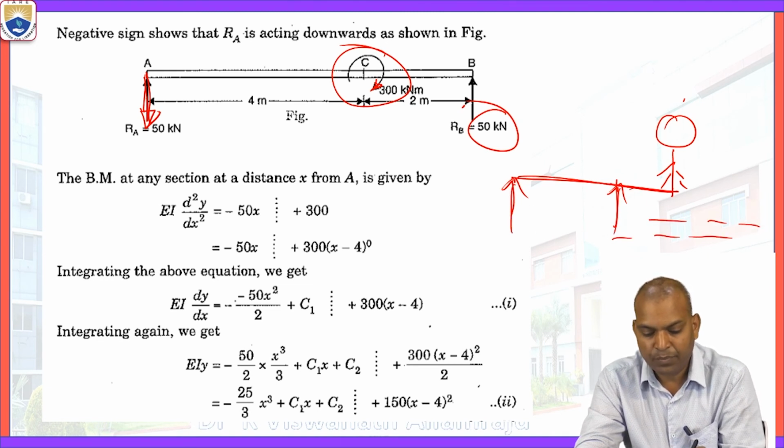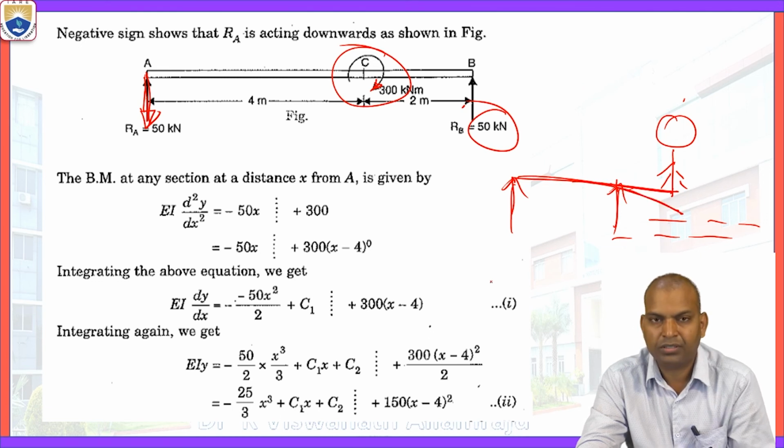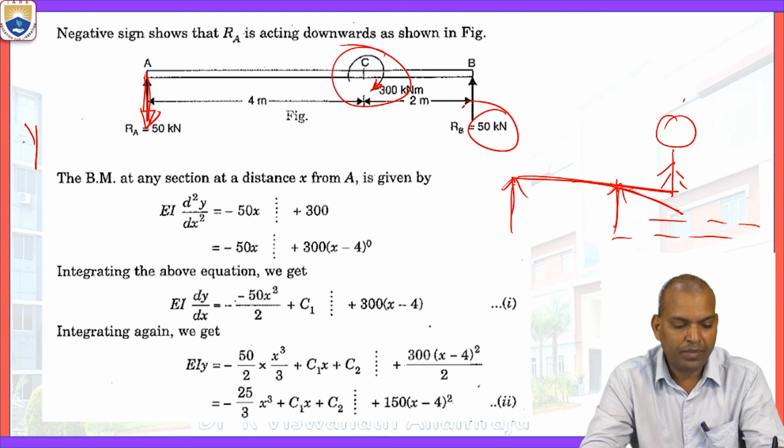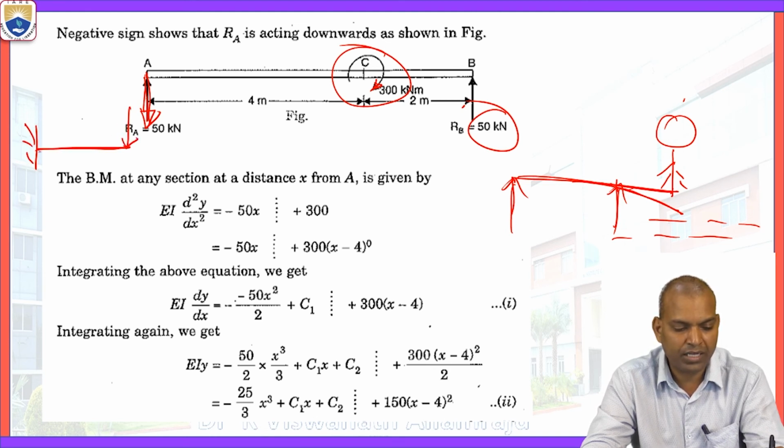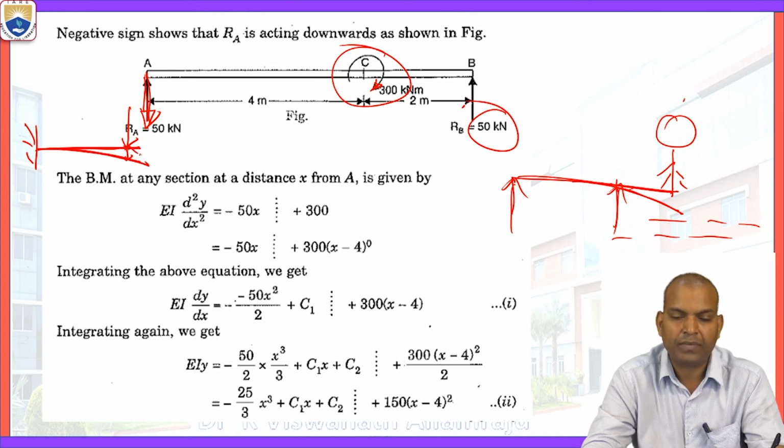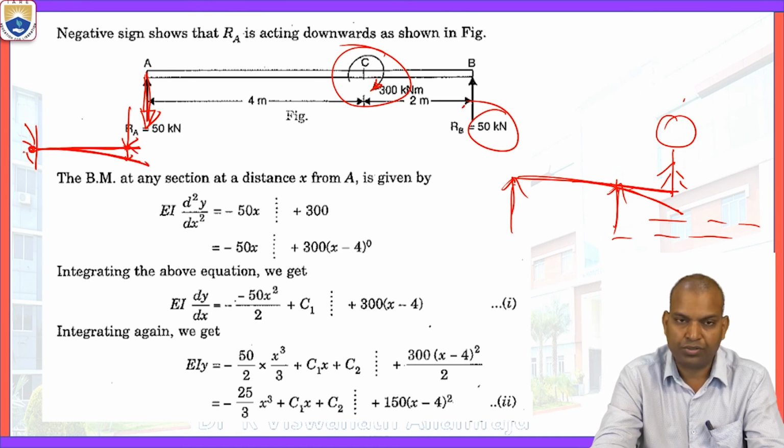What will happen? Because of this load on the beam, it gets deflected downwards. For a cantilever beam, the maximum deflection takes place if the load is acting at the free end. The deflection is maximum where? At the free end. What is the deflection at the fixed end? Zero. There is no deflection at the fixed end.